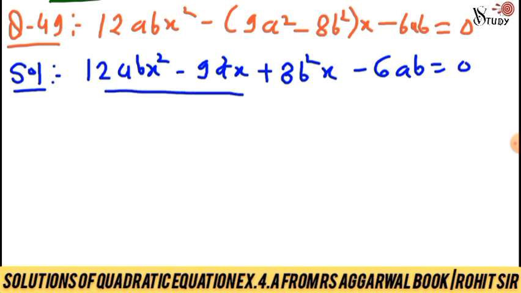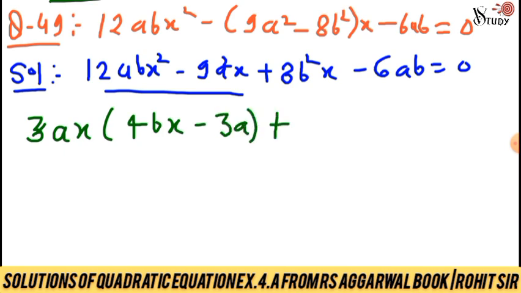From the first two terms we can take 3ax as common, then we have 4bx negative 3a. Now from the last two terms we can take 2b as common, then we have 4bx negative 3a is equal to 0.